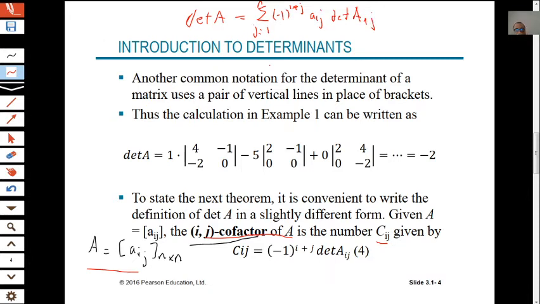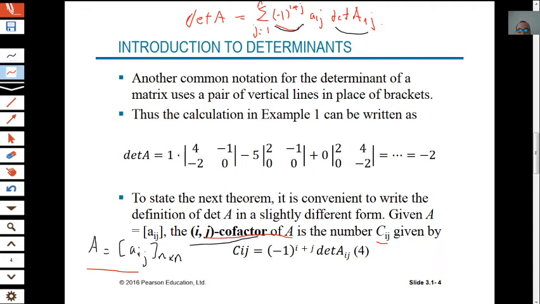So we gather the terms, the first one and the last one, this one and this one, and we call this multiplication the ij cofactor of the matrix A, and it is denoted by bigger Cij.